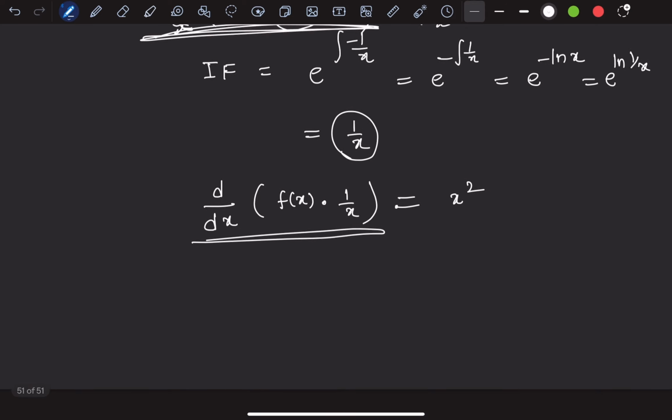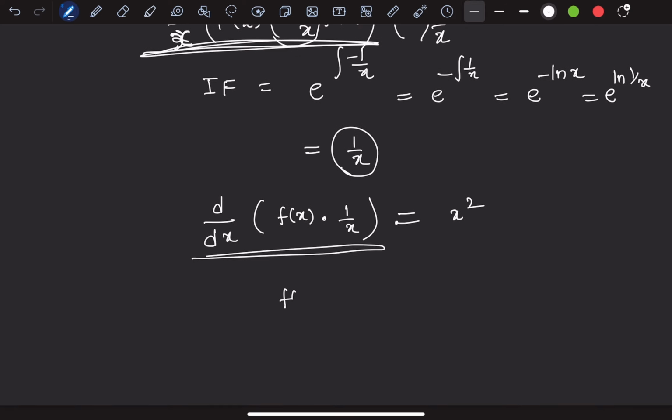Alright, so now integrate on both sides. f(x) multiplied by 1 by x is integral x square dx. So this is simply x cube by 3 plus c.